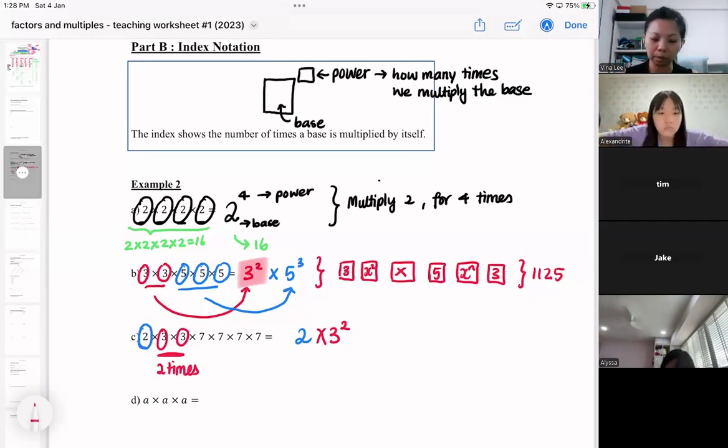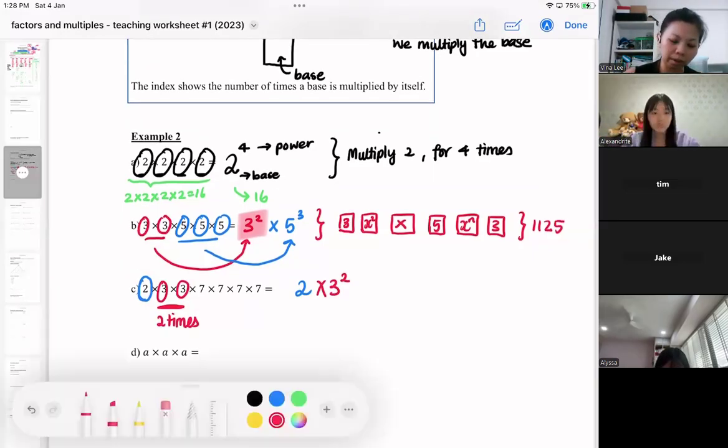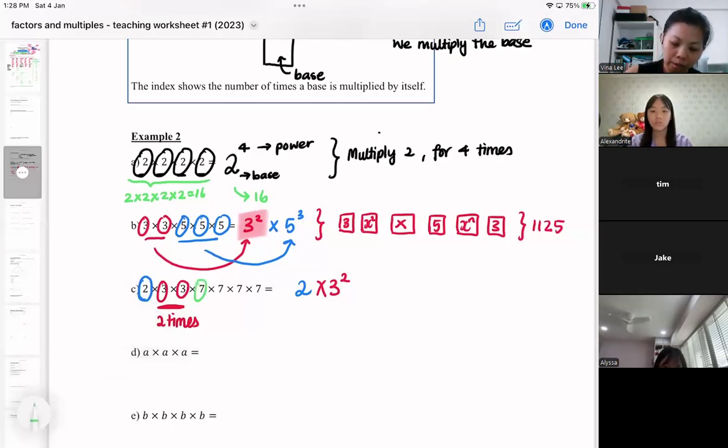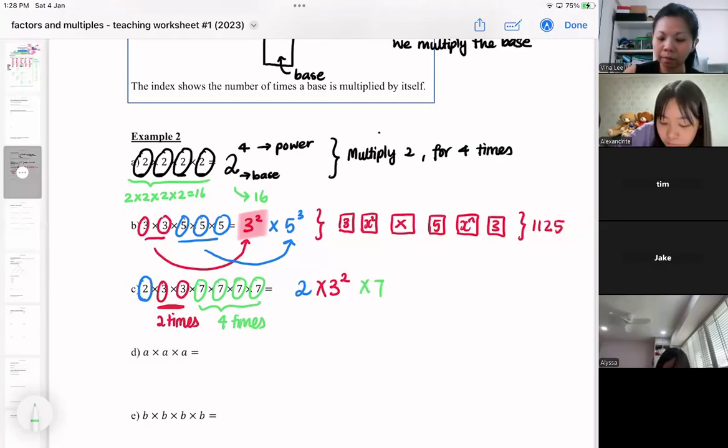Slowly it will get very confusing, so you need to stay focused. 7 times 7 times 7: you see it's multiplied 4 times, so it will be 7 power 4.